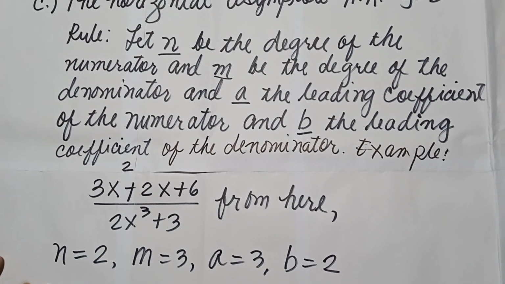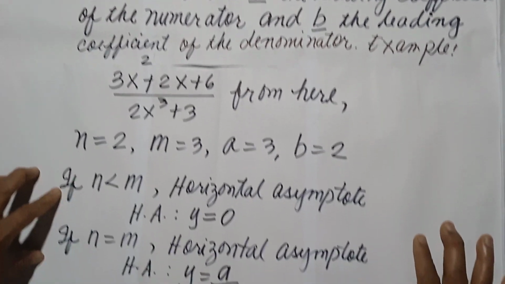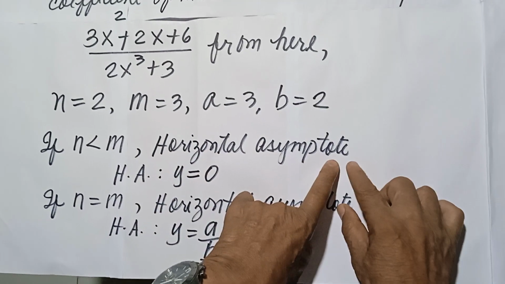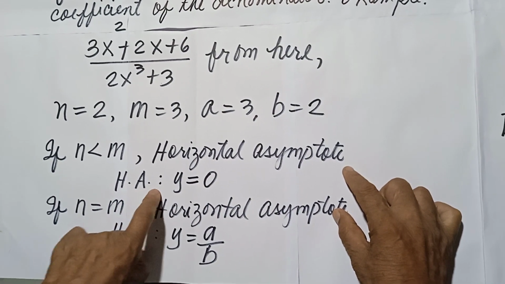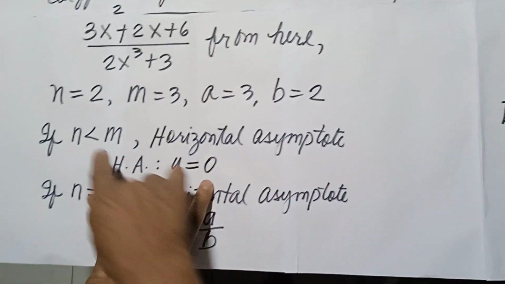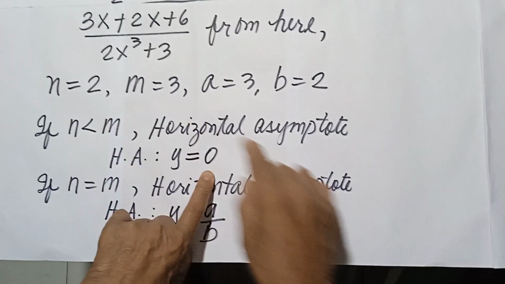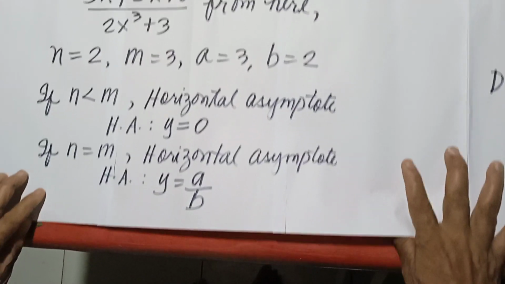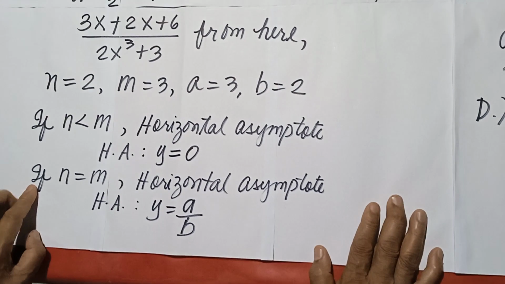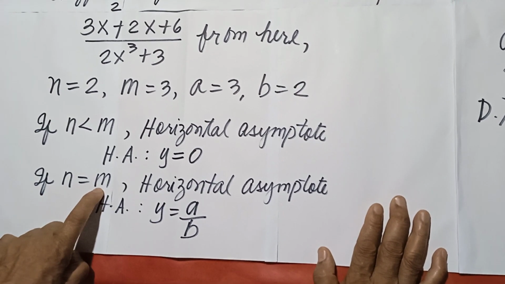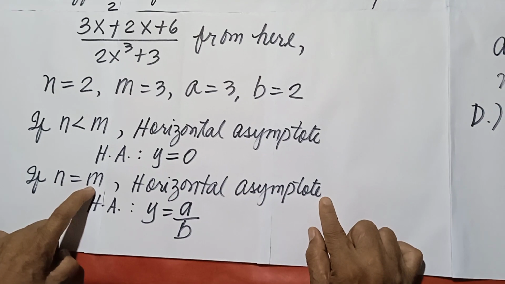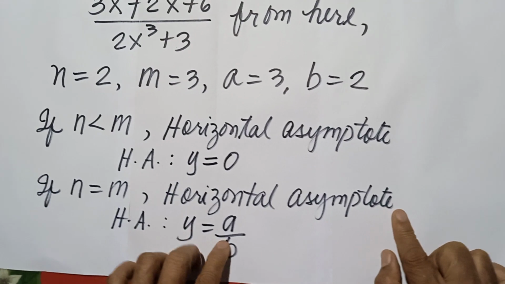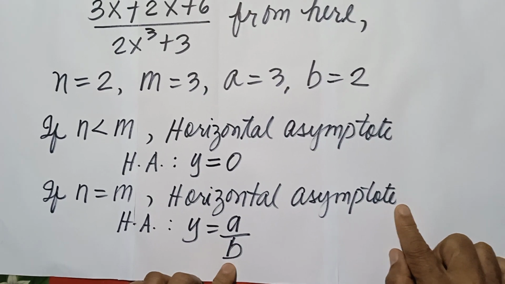So, let's have the rule. If n is less than m, the horizontal asymptote, HA, is y equals 0. Second, if n is equal to m, the horizontal asymptote is y equals a over b.